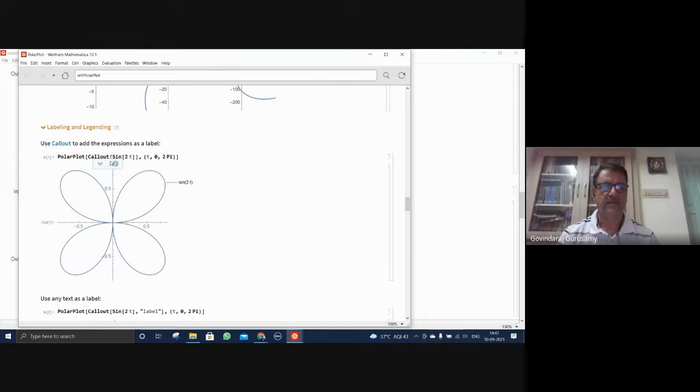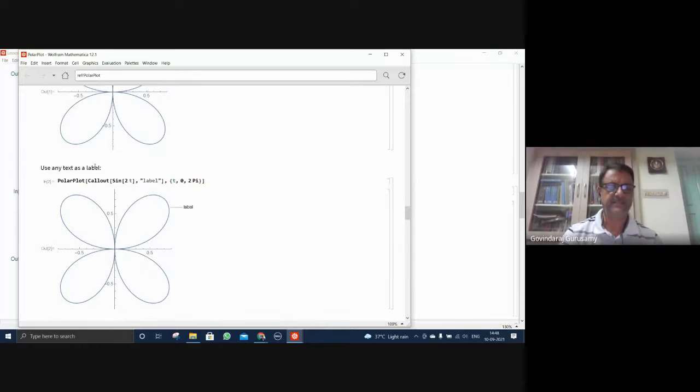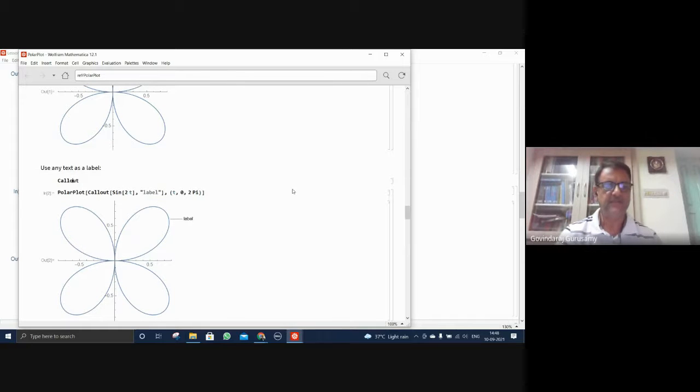Callout means, I think, I want to know what a callout is. Any idea? I don't know what it is, but I can find out. That's the advantage with this. I've really not seen that. I read it some time back in Mathematica, but I don't remember it. So I just want to know what callout is. Okay, I can find out.